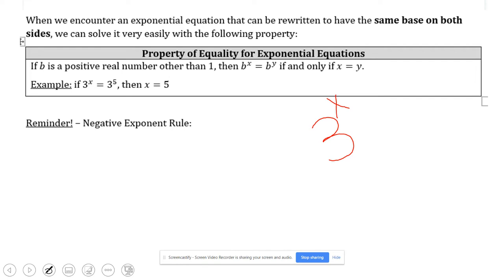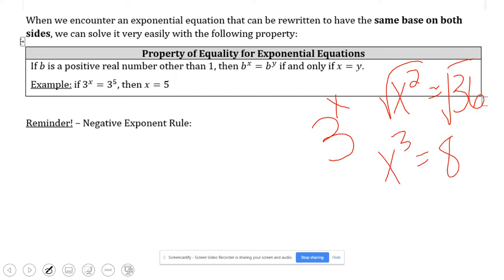The reason why this is important is because if we had x squared is equal to 36, we know that we could take the square root and find out that x is 6. If we had x cubed is 8, we could take the third root and find out that x is 2.